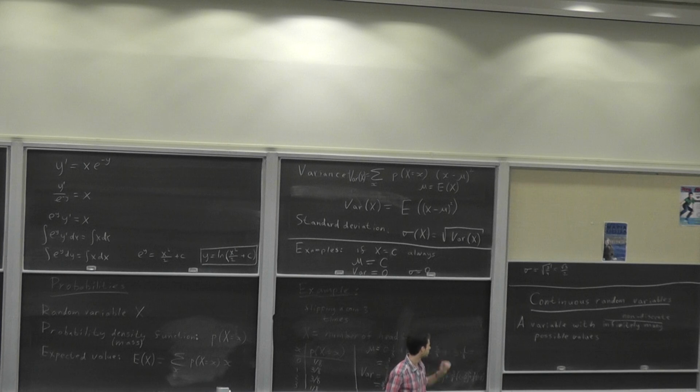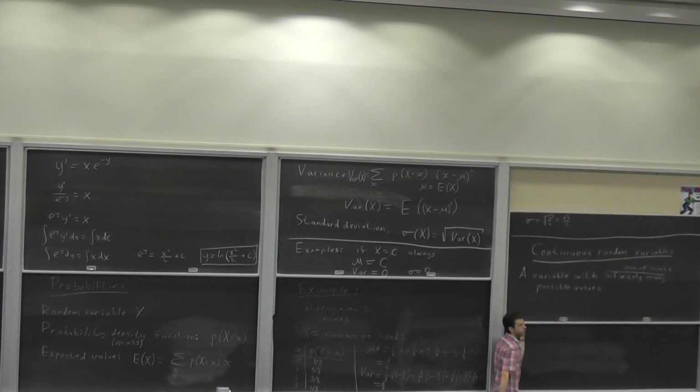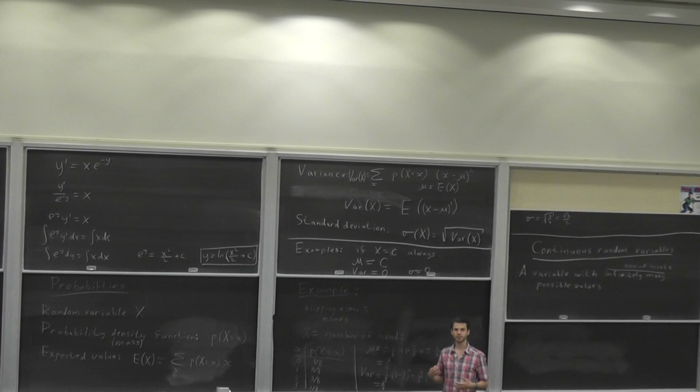So let's say height is a random variable for which the range of possible outcomes is all positive numbers. So height can be any positive number. We still want to talk about the probability of, say, a random person in this room having a particular height.